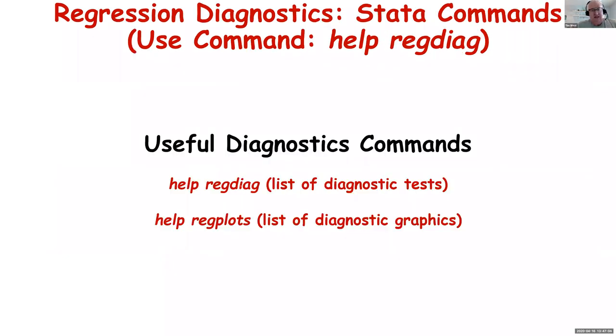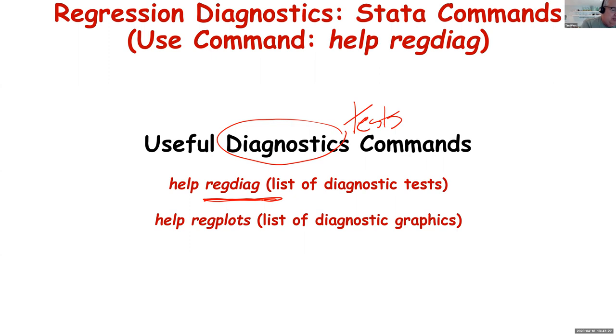All right, a couple of informational pieces. In Stata, you can find a variety of help for different things. If you're interested in the diagnostics, and in this case the particular tests, all you need is help reg diag.